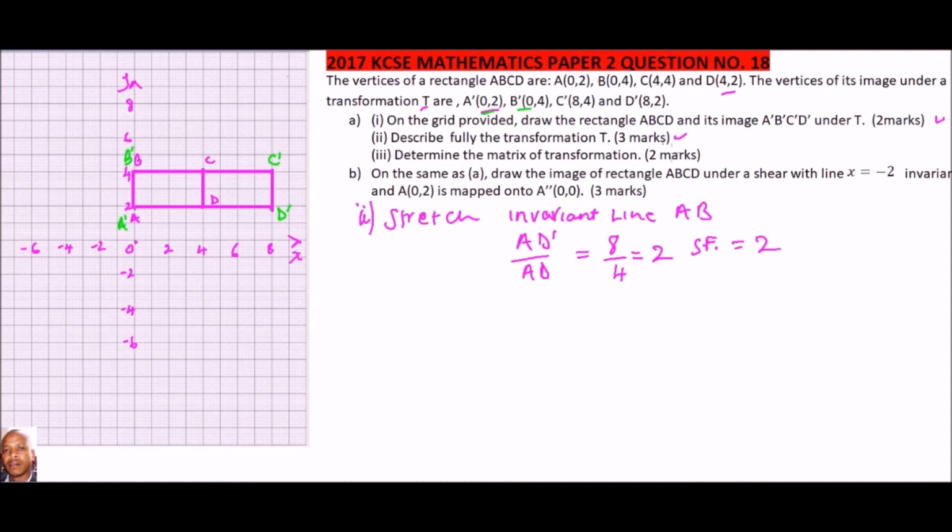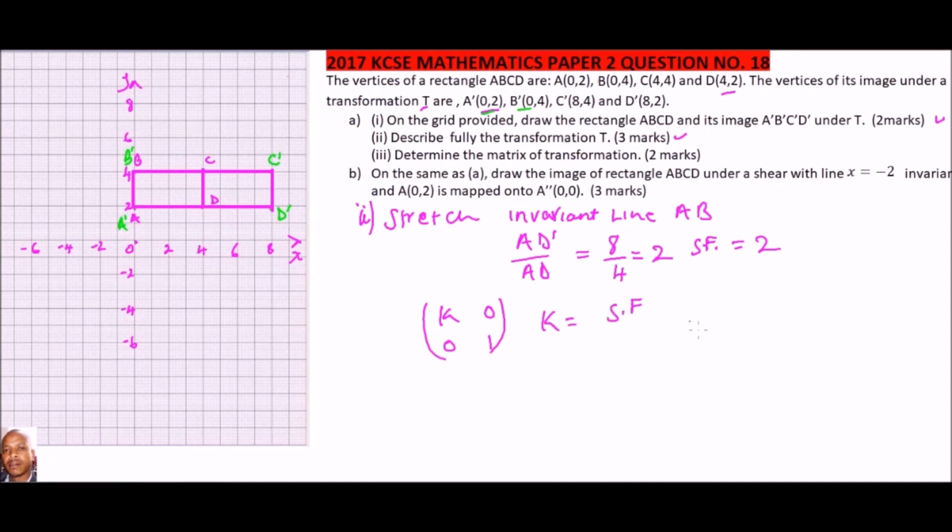Then from there we go to Roman number 3, which says describe the matrix of transformation, and you get yourself 2 marks. When the y-axis is invariant, the general format of a transformation matrix is (K 0, 0 1), where K is equal to the scale factor.